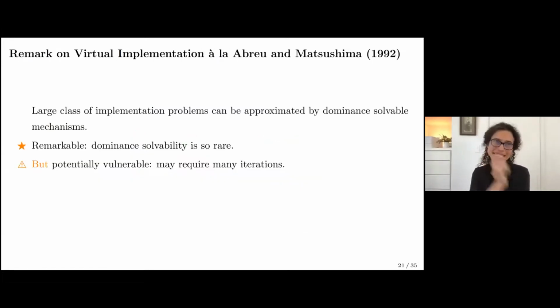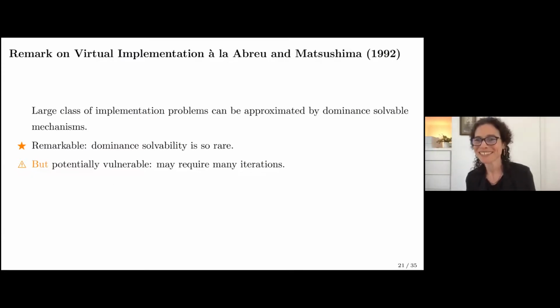So let me connect it a little bit to virtual implementation. This is a beautiful paper by Abreu and Matsushima from 1992 that suggested that a large class of implementation problems can be approximated by dominant solvable mechanisms. In some sense, our observations make this result even more remarkable than it seemed originally, because dominant solvability is so rare.